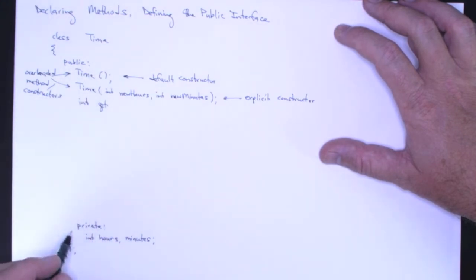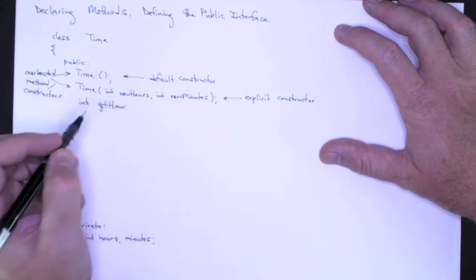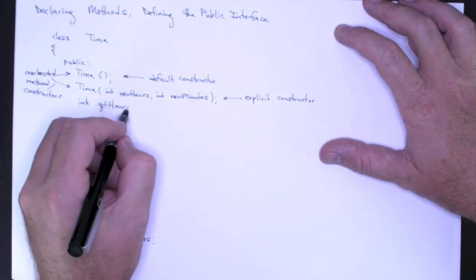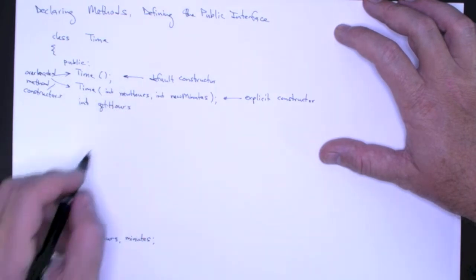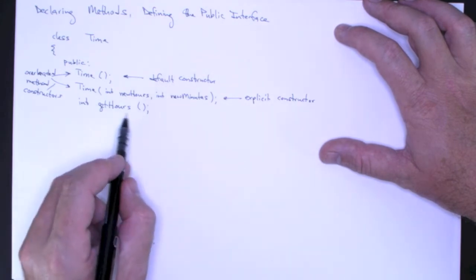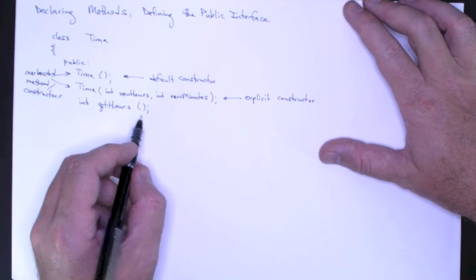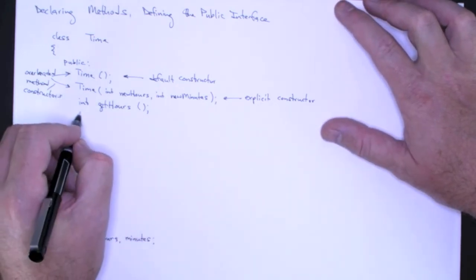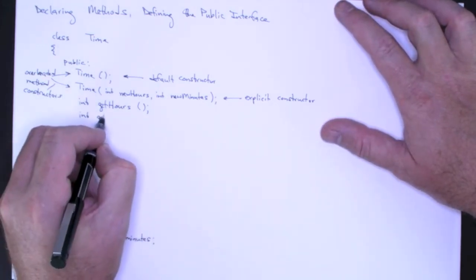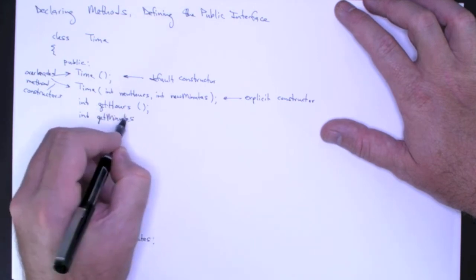I use the get prefix, and then I always use the name of the private data member as the method. Since these methods are going to simply return the value stored in the private data member, there are no parameters. So I'll have one of these for each of the private data members.